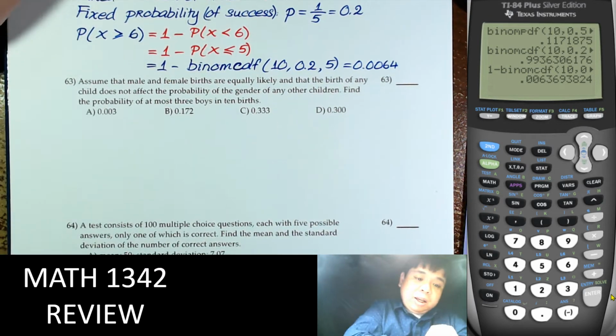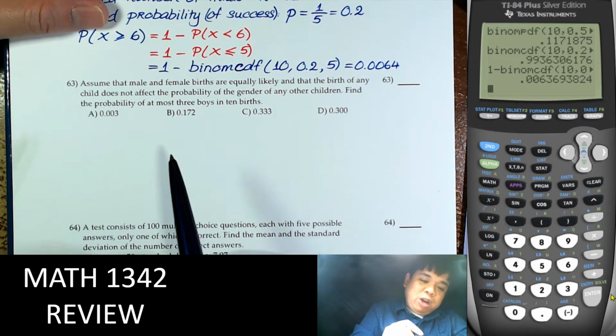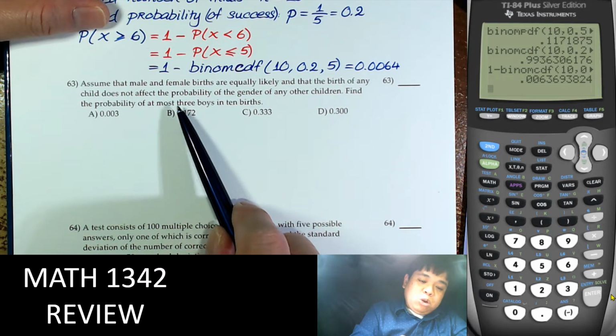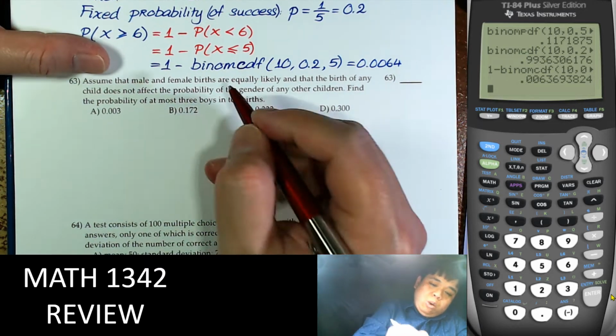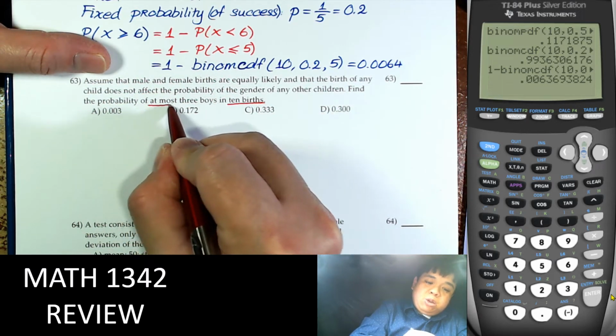Right, same thing here. Assume that the male and female births are equally likely, so this is kind of like what we had earlier. Find the probability that there are at most 3 boys in 10 births. So once again, we have 10 trials, and this is at most 3.